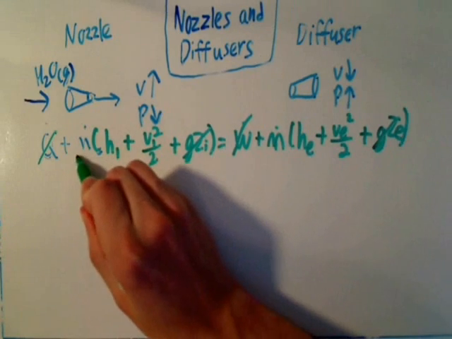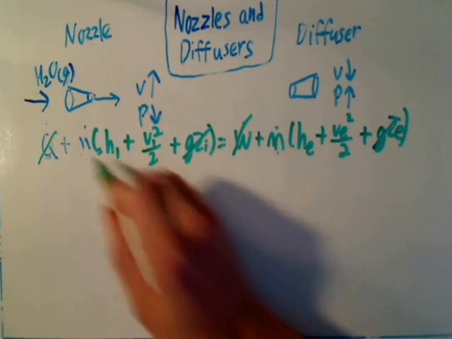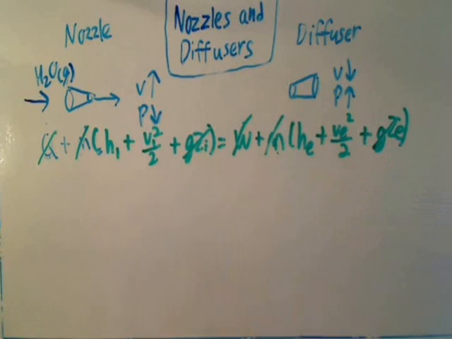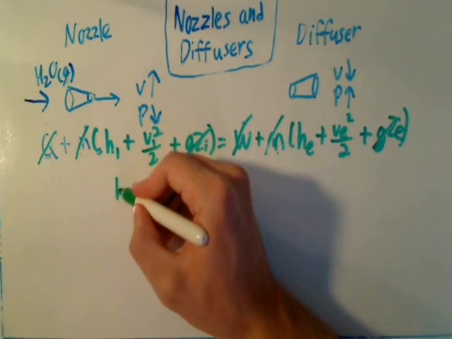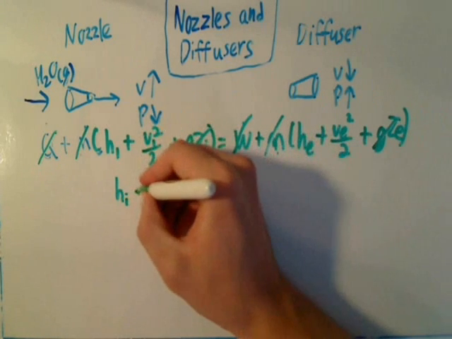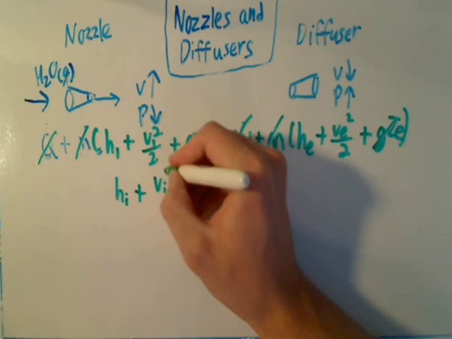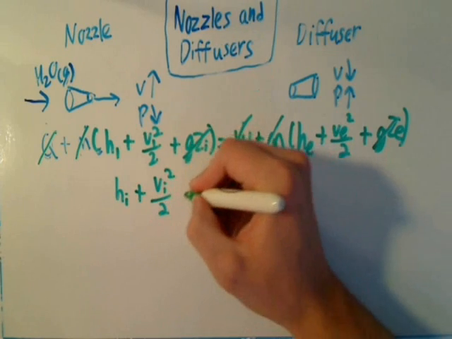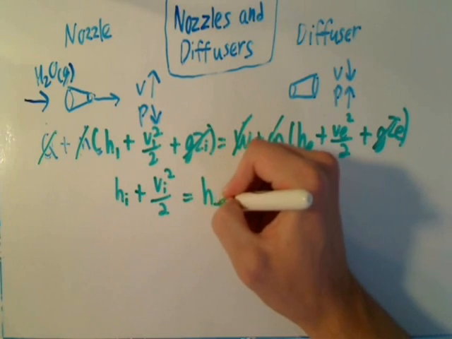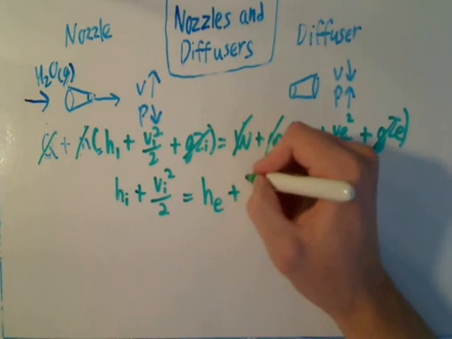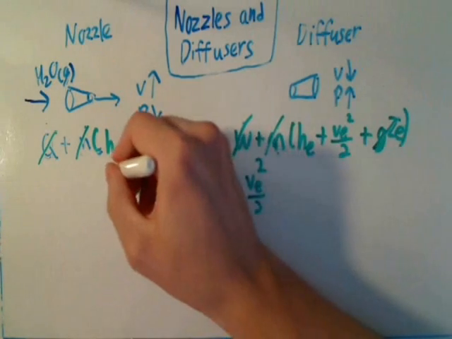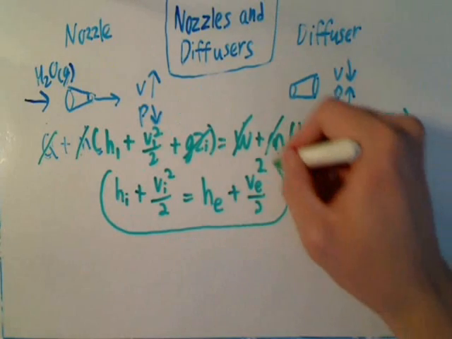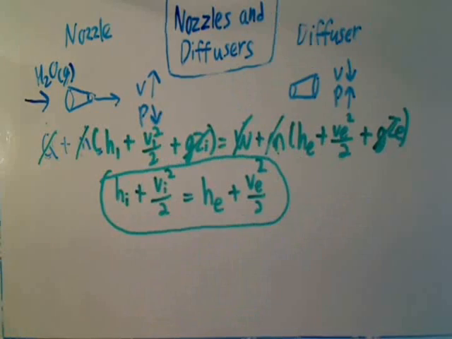Now, you'll notice that we have the same mass flow rate on both sides of the equation, so we can cross that out, divide by m on both sides. After all of our assumptions, we're left with enthalpy in plus velocity in squared over 2 equals enthalpy exiting plus velocity exiting squared over 2. This is the equation that we're usually going to use when dealing with nozzles and diffusers.